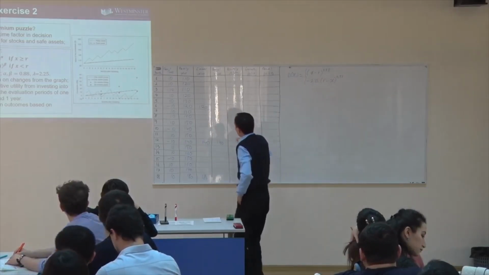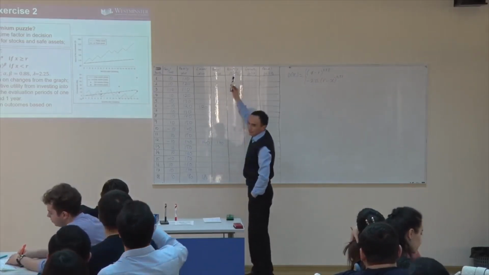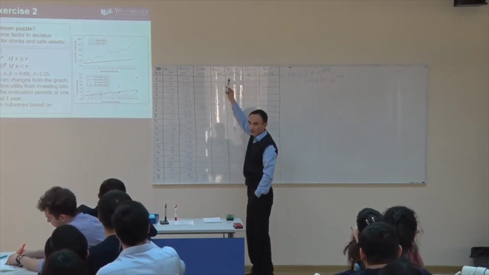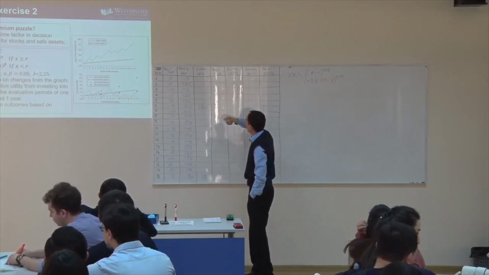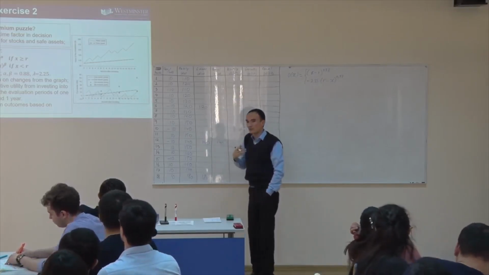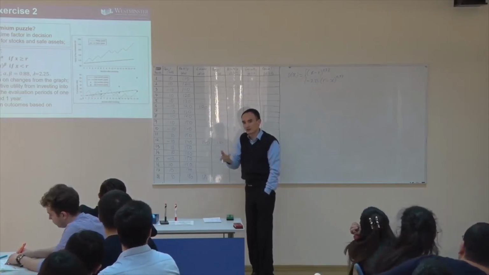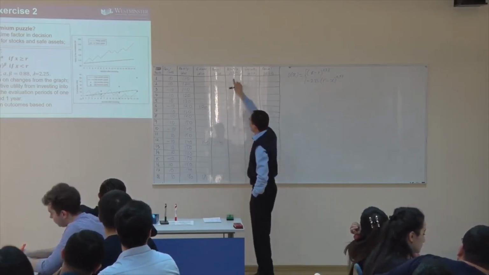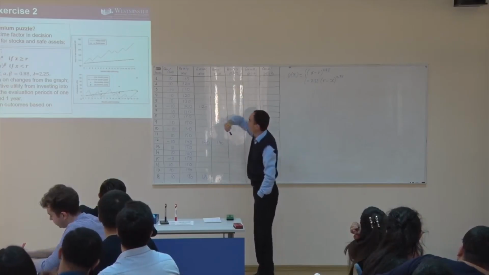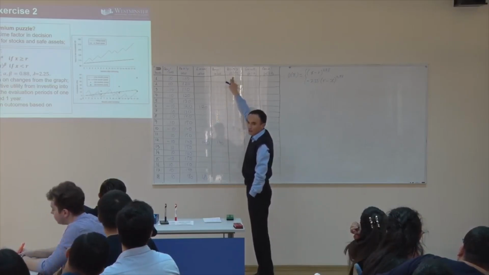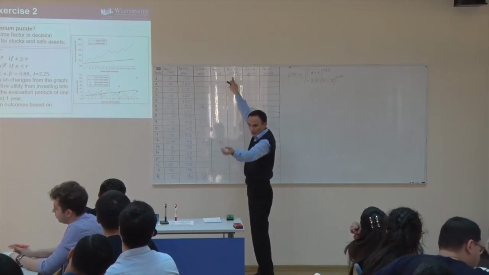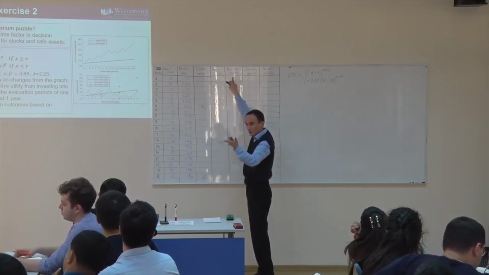So look, monthly utility. Now we have to find one monthly utility, okay? First one. So now I'm the person who checks my utility every month. At the end of the month, I'm checking. What is my reference point in month 1? 100. I invested 100, so my reference point is 100.